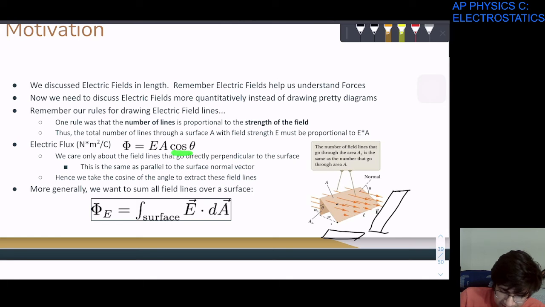Now this theta here is basically the result of a dot product, and this is the dot product with respect to a normal to the surface. A good way of thinking about this is that the normal line is like a perpendicular in 3D, you can imagine that.